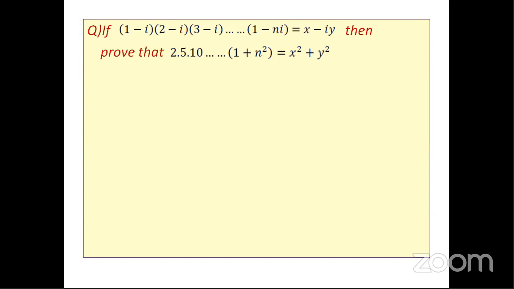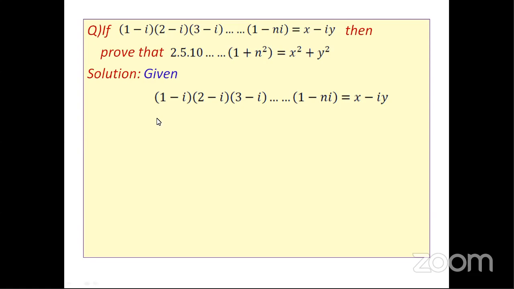This is the next problem. Now you are given the condition, children: (1 − i)(2 − i)(3 − i) and so on till (1 − ni) is equal to x − iy. Okay, here if you observe carefully in the problem, before you apply some condition, you need to analyze the problem, isn't it?